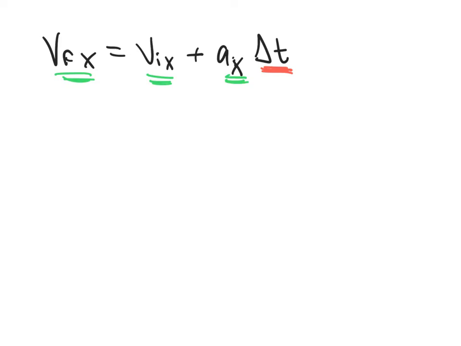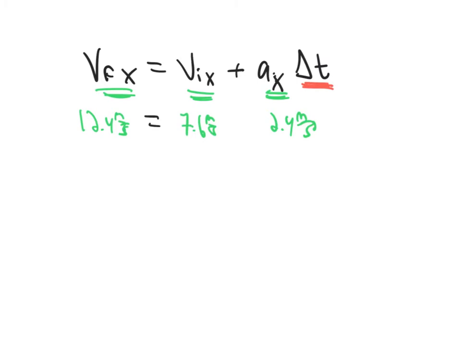You could really just put values in right away. So we have, if I remember correctly, 12.4 meters per second over here. We have 7.6 meters per second here. And we have 2.4 meters per second squared here. And we're still, of course, looking for delta t.